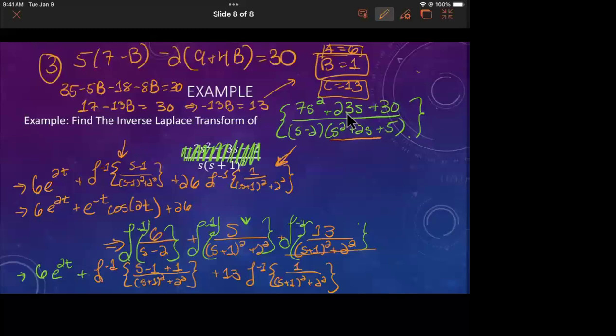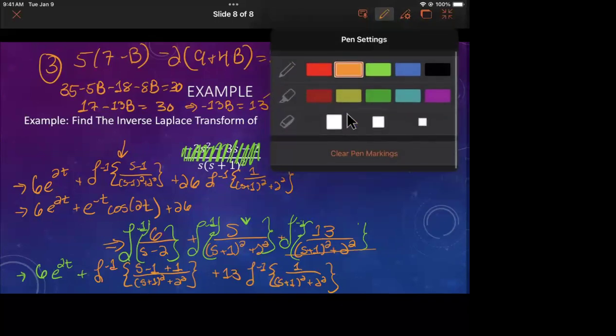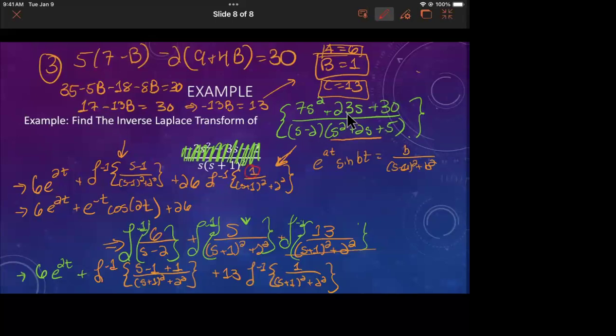Now, we know that e to the at sine bt equals b over s minus a squared plus b squared. So for the 26 term, we need to add in a 2 here.